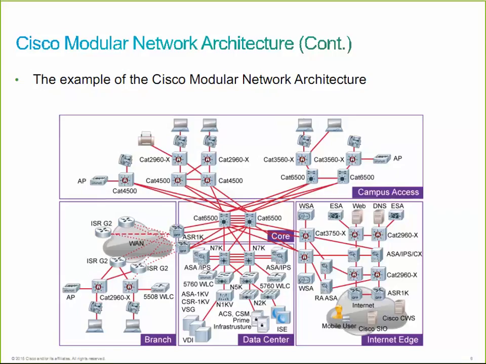So if we look at this diagram and we start to look at the technology that's being implemented here, right? For secure network access, for example, we have wired and wireless access. We might have endpoints that are located in the enterprise campus or the enterprise branch.